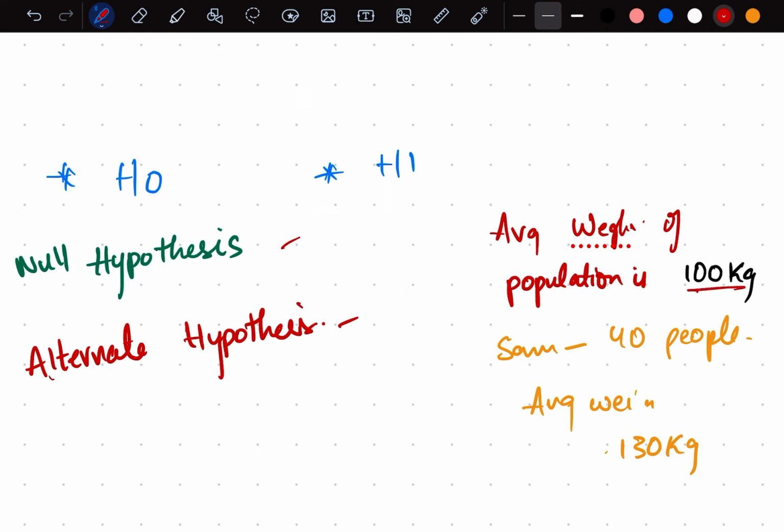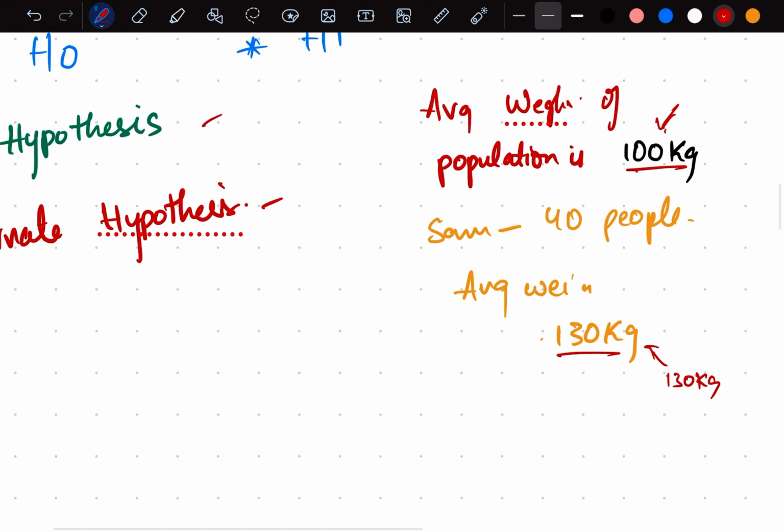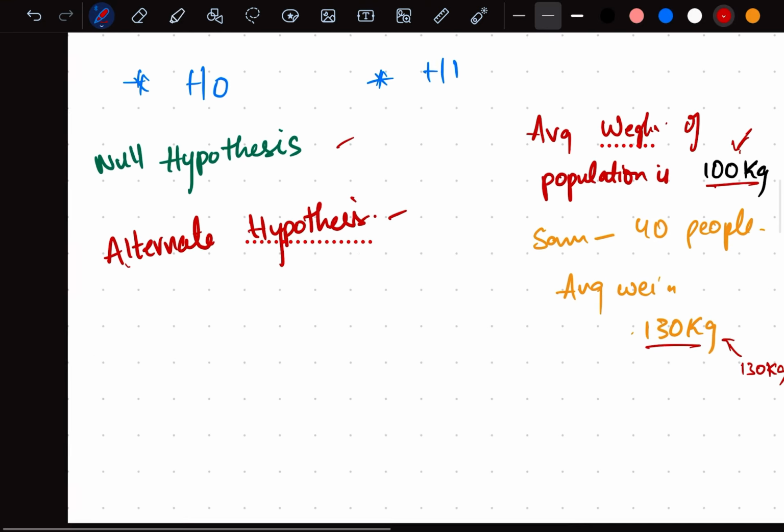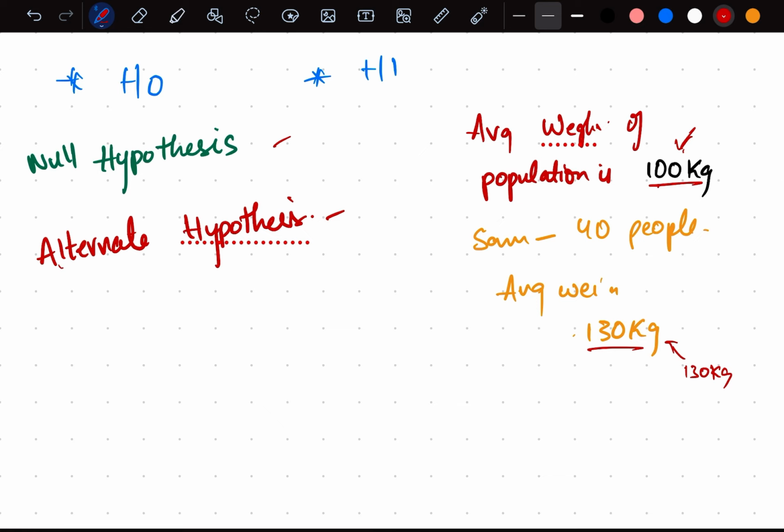So we have a contradictory statement here. One says 100 kg, the other says 130 kg. So which one do you want to go with? The null hypothesis says the average weight remains 100 kg. The alternate hypothesis says the average weight of the population is not 100 kg.